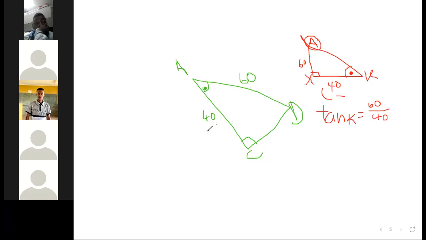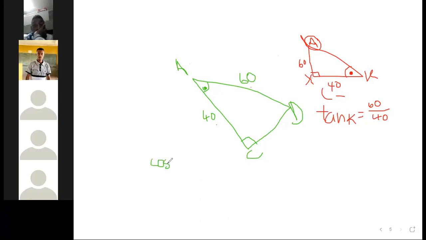And then on this side, what do we use? Cosine, because we want A and the adjacent side. So I'm gonna say cos of A. I can even put it as A, but I want you to write it in full.